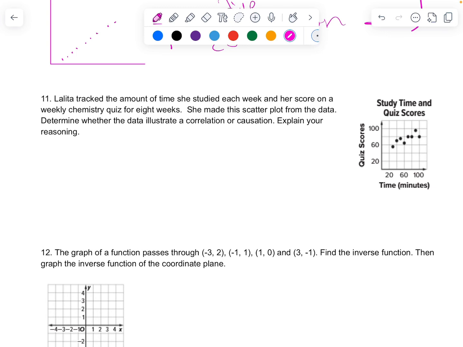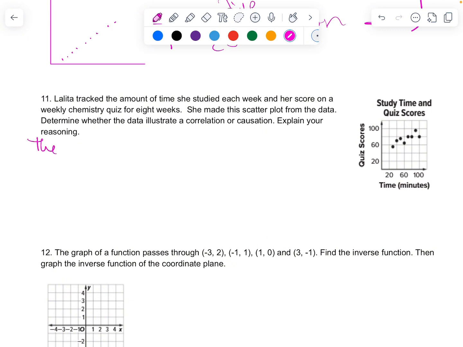So this one, Lalita tracked the amount of time she studied each week and her scores on the weekly chemistry quiz for 8 weeks. She made this scatter plot for the data. Determine whether the data illustrates a correlation or a causation. Okay.